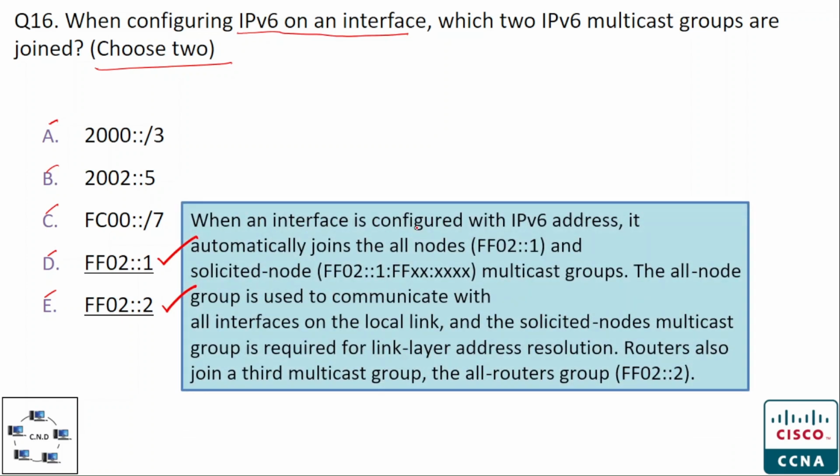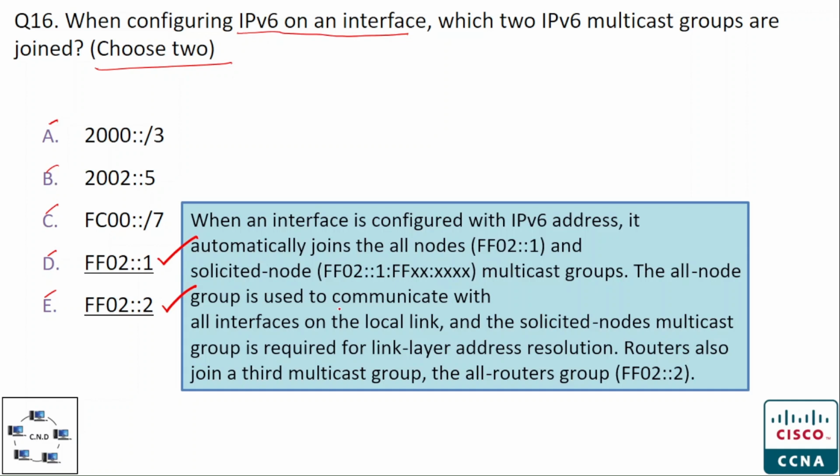So when an interface is configured with an IP version 6 address, it automatically joins the all nodes group, that is FF02::1, and the solicited node multicast group, that is FF02::1:FFXX:XXXX.